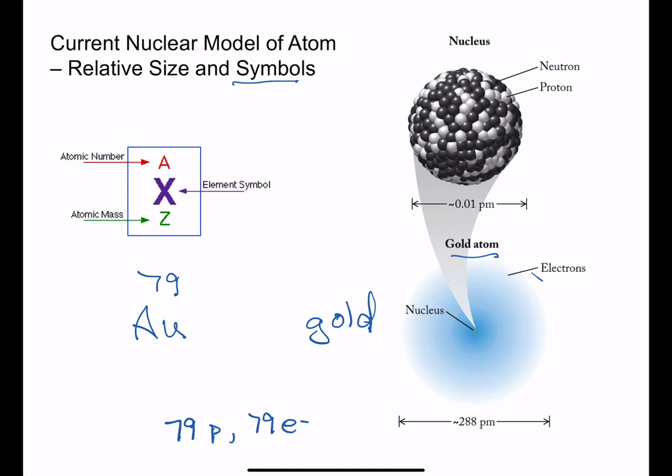If I look at my periodic table here, I see that it's about 197 is the mass number. So my mass number, or atomic mass, is protons plus neutrons equal atomic mass number.